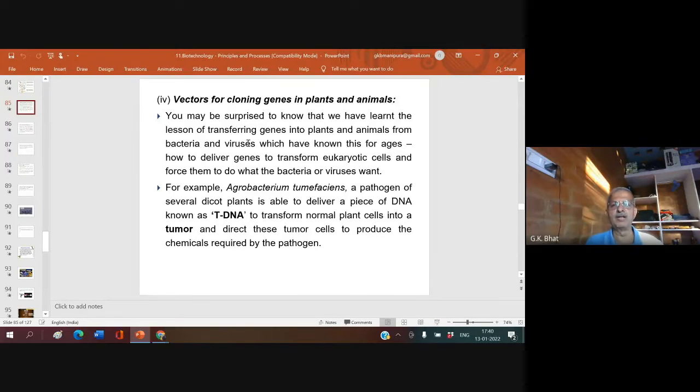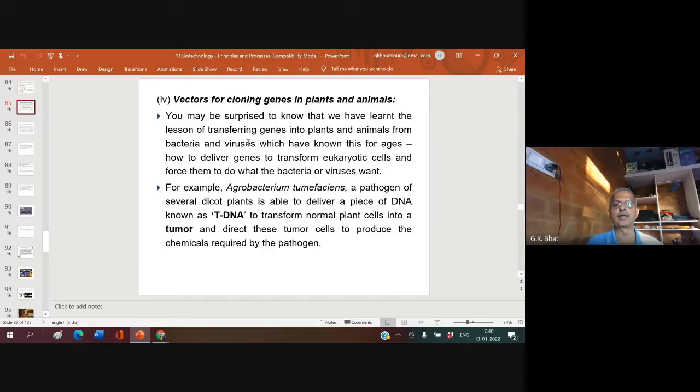So we have learned the lesson of transferring genes into plants and animals from bacteria and viruses, which have known this for ages. How to deliver genes to transform eukaryotic cells and force them to do what the bacterial viruses want. They used to get whatever they needed by just delivering the genes into the body of the organism from which they expect something.